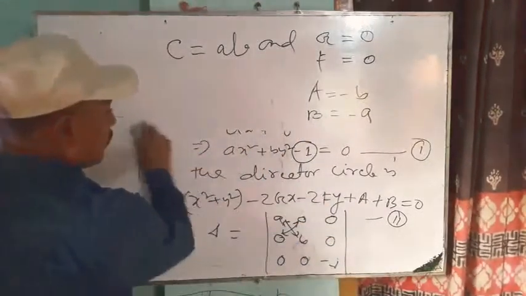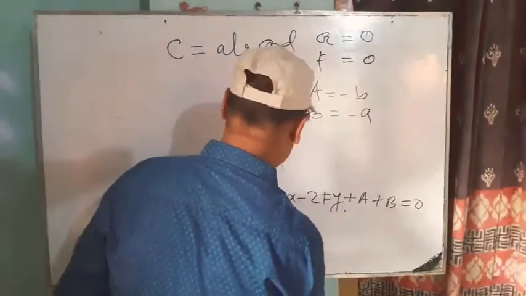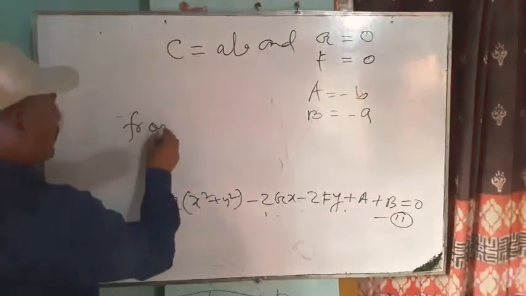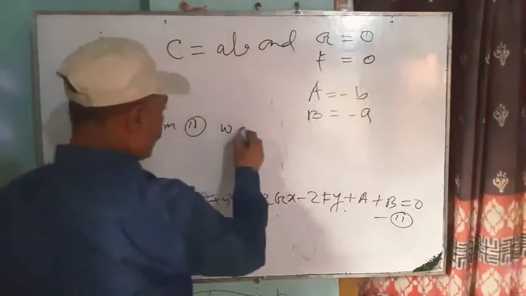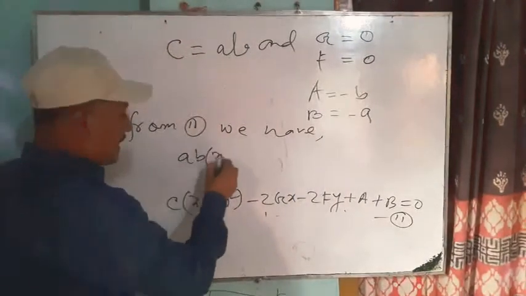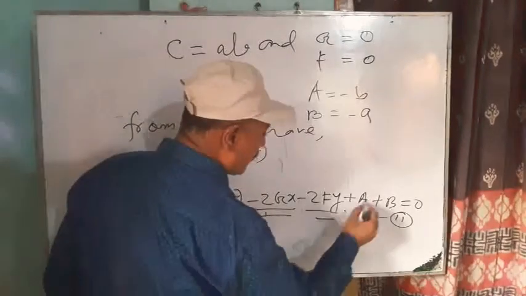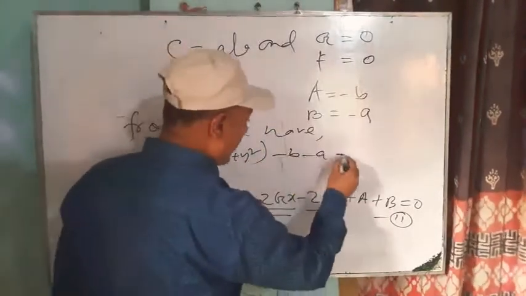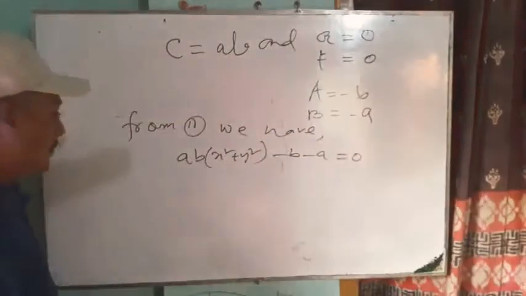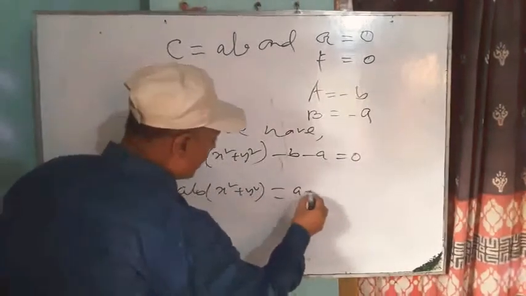Then putting these values into equation 2, we have ab(x square plus y square) minus b minus a equal to 0, that is x square plus y square equal to (a plus b) over ab.